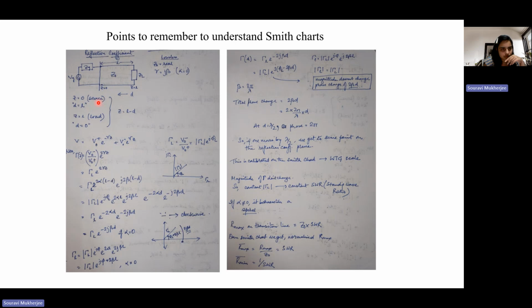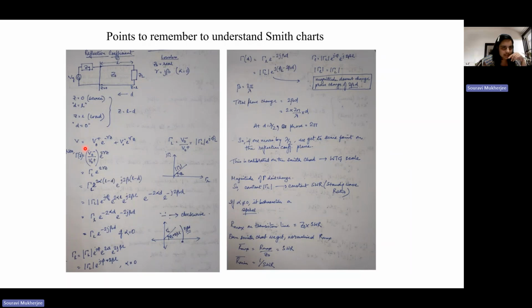At the source, z is 0 and d is L. So d is defined with respect to the load: d is 0 at the load, d is L at the source, and z is the complementary part of it. This is the origin, setting the origin. Now we know that if there is some mismatch between your impedances, then there will be a reflected wave, right?